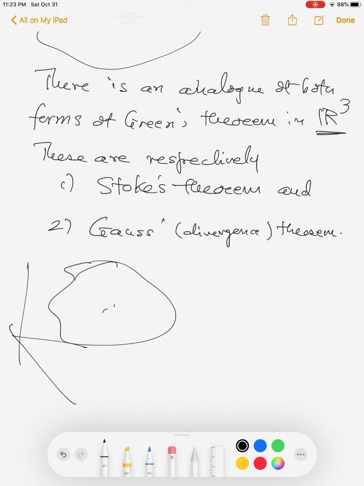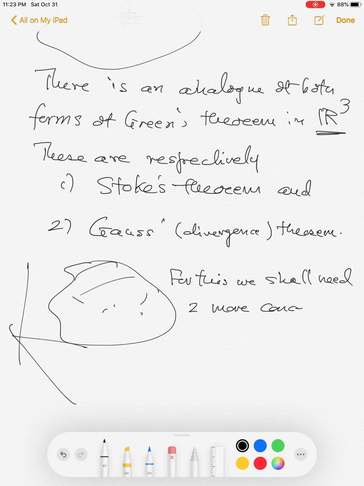For this we'll have to learn triple integrals. So what we are doing now was for pancakes. Now you have to do it for a more general solid. And for that you will have to know how to integrate on a solid and how to integrate on its surface. So for this we shall need two more concepts.